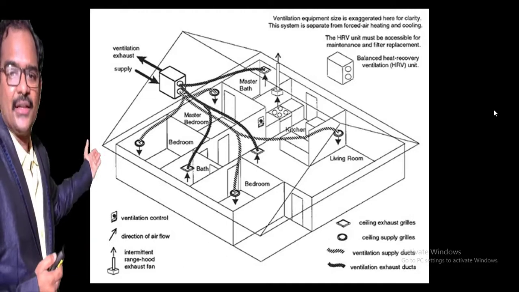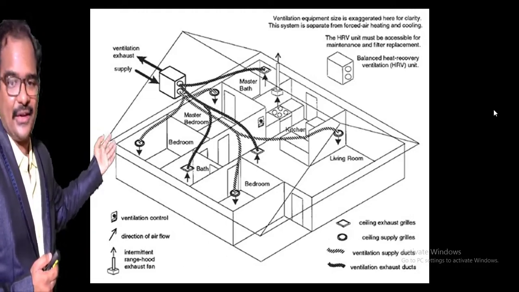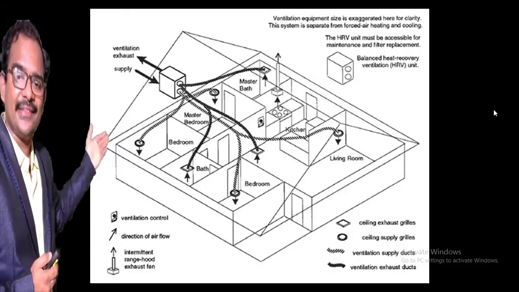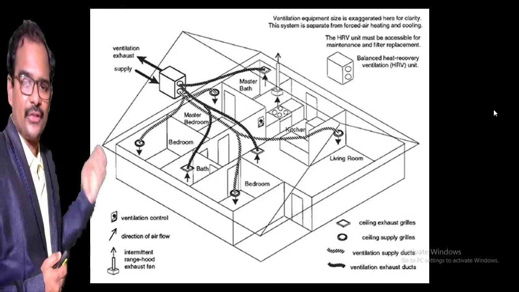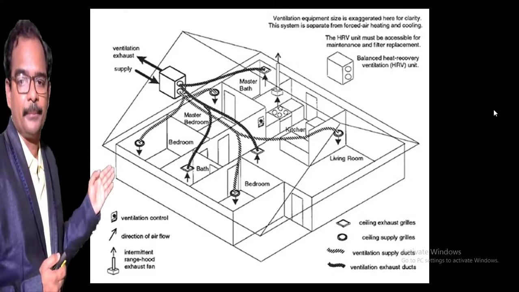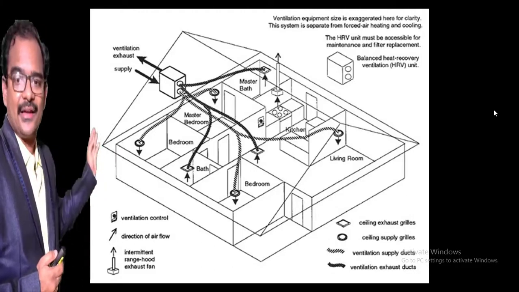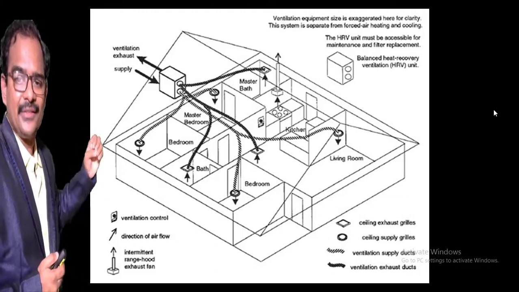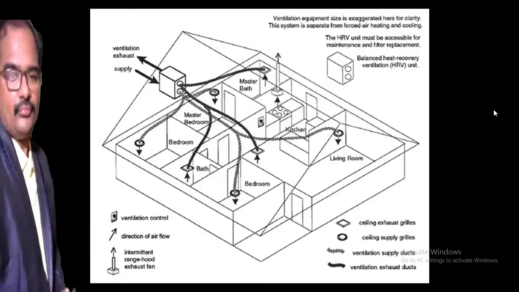And you can see that the hashed line means ventilation supply ducts, and the solid line means ventilation exhaust ducts. So this is nothing but piping. The hashed lines indicate the piping through which the ventilation enters the rooms, and the solid line represents the ducts through which air exits the home, right?